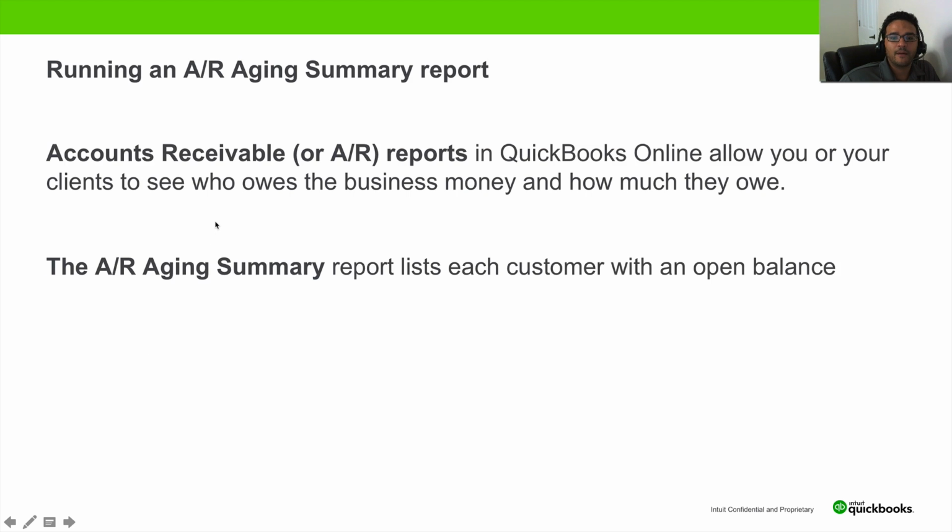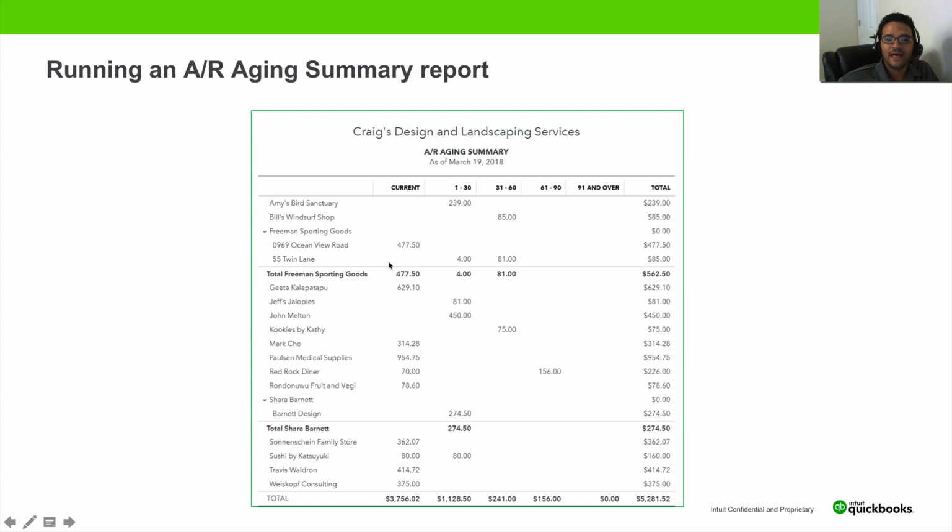Now let's talk about running basic reports. So any report that has AR or accounts receivable will show open invoices or balances on invoices by customer. This is the money that your customer owes you. An AR aging summary would be a report that organizes all of your customers' monies that are owed to you, but it's grouped based on how old the invoices are, more specifically based on their due date.